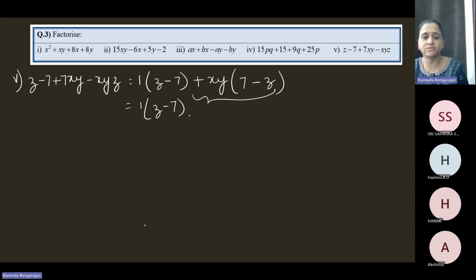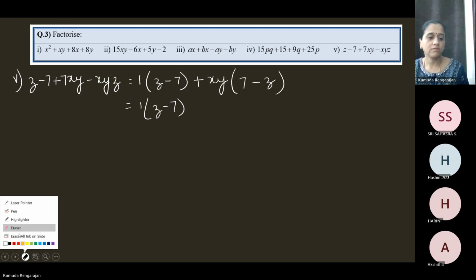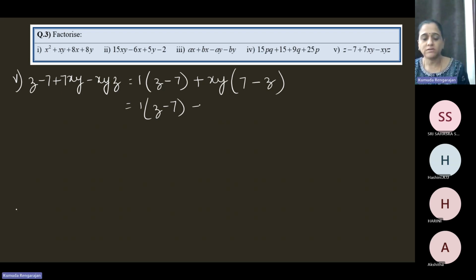From here, change the signs. Minus xy plus 7, write as minus 7. Minus z as plus z. Change the signs. Plus xy as minus xy. This plus 7 as minus 7.